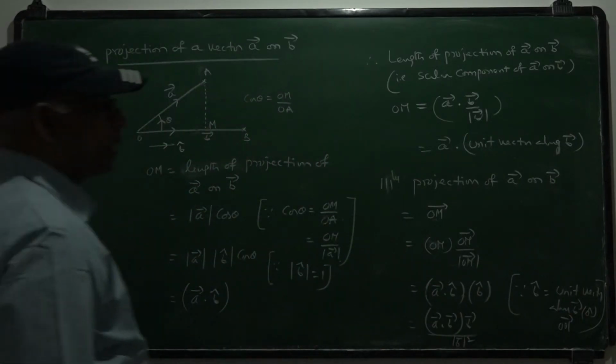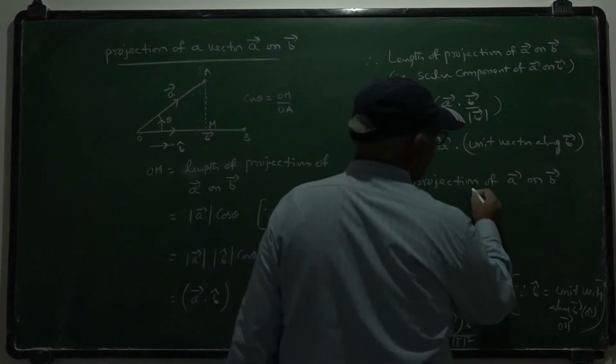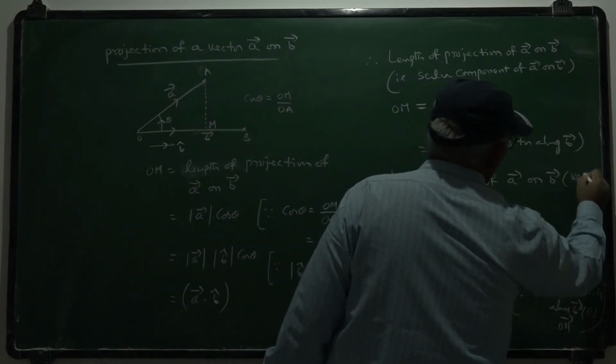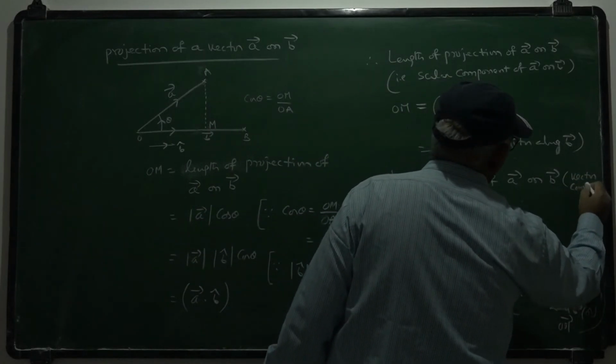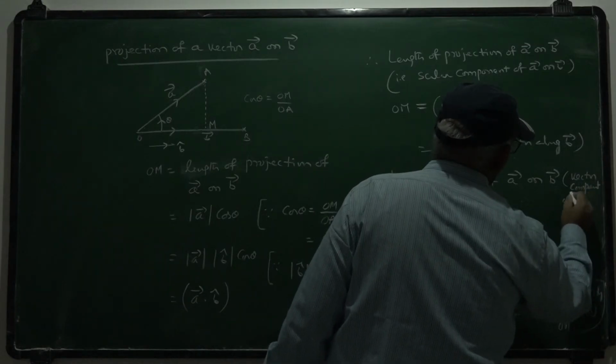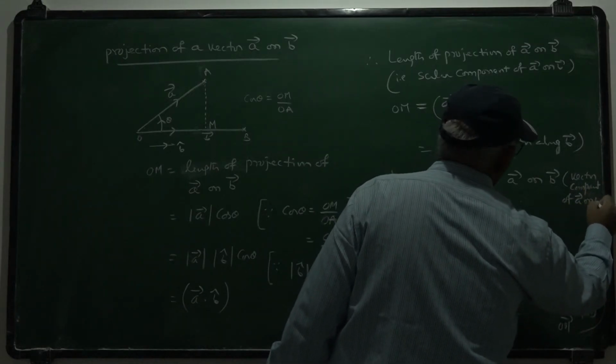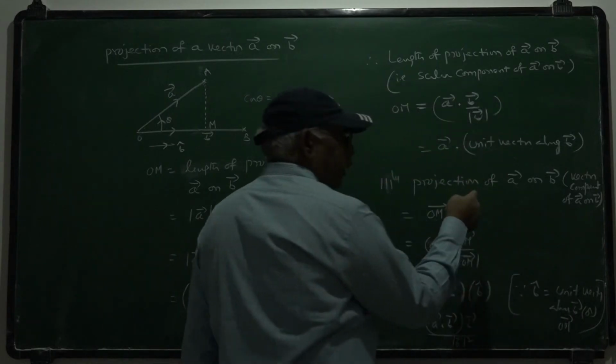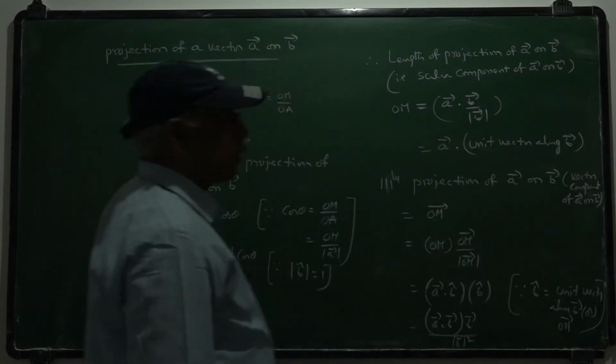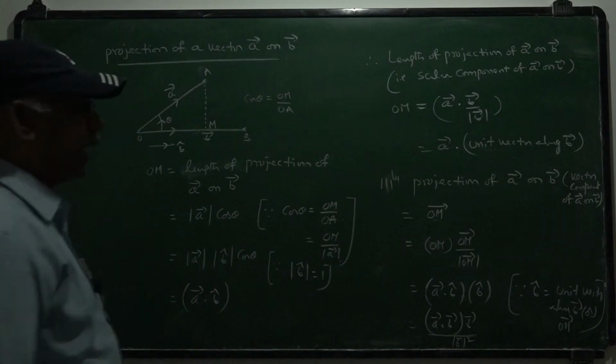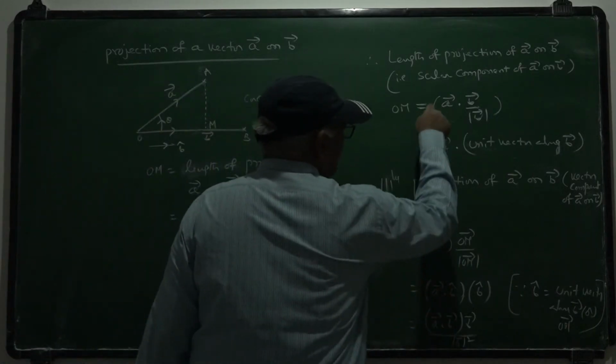This is also called the vector component of A bar on B bar. Projection of A bar on B bar is the same as the vector component of A bar on B bar. It is a vector in the direction of the projection.